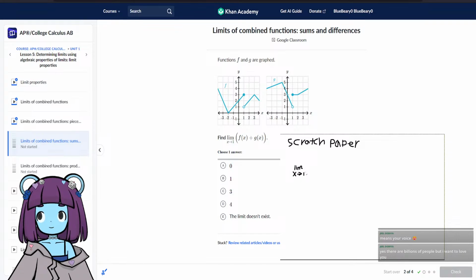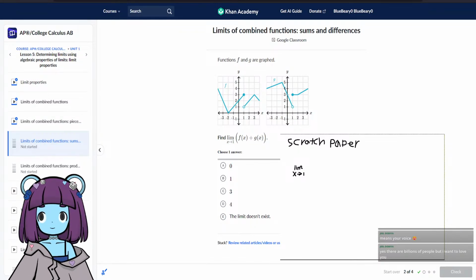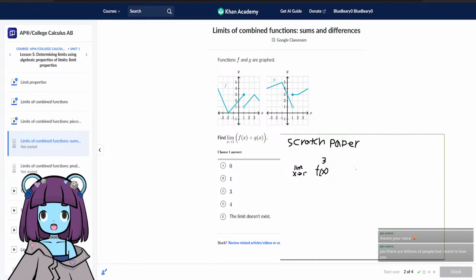We'll look at it from the 1. It's 1, right? I think. Yes, it is 1. Wrong. From the left. So f. Oh, that's a bad f. F of x. The left side is 3. And then you do the same thing, but for g of x.